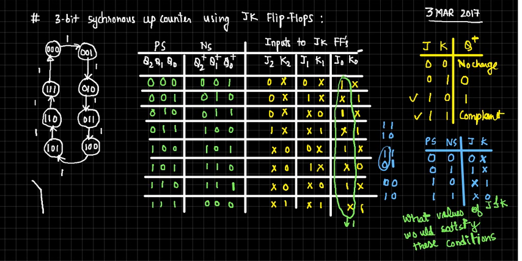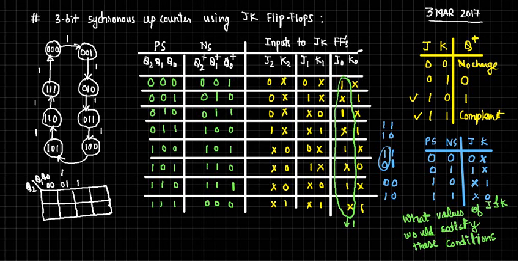So I'm drawing the K map for J0. What is that? See here. This is Q2, Q1, Q0, 0 0, 1 1, 1 0, 0 1.